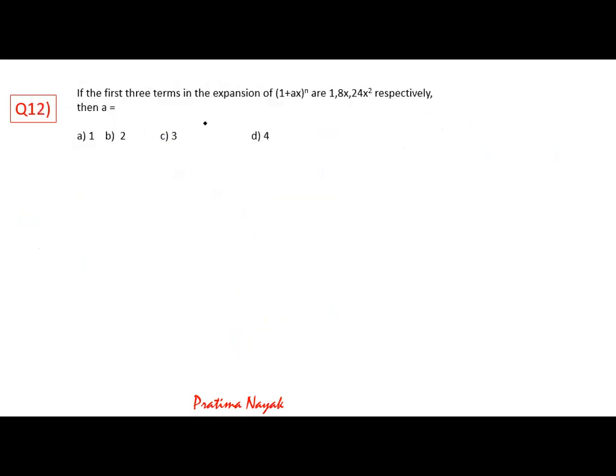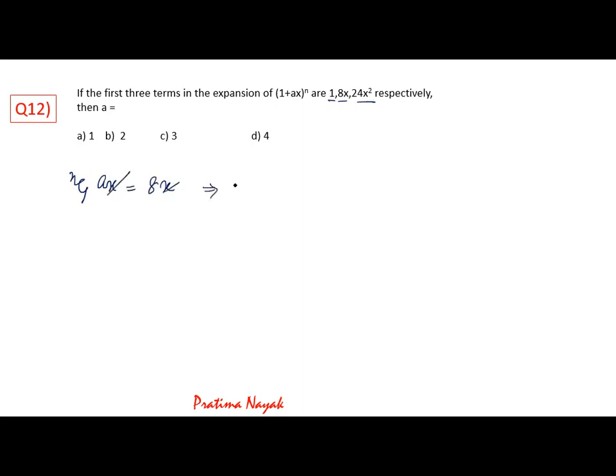Next, it is a similar question. The first three terms of this, (1 plus ax) to the power n: the first term is 1, the second term is 8x, the third term is 24x square respectively. Here the question is not about n, the question is a. You will proceed in the same way. First I'm taking the second term, NC1 ax is equal to 8x, x cancels.